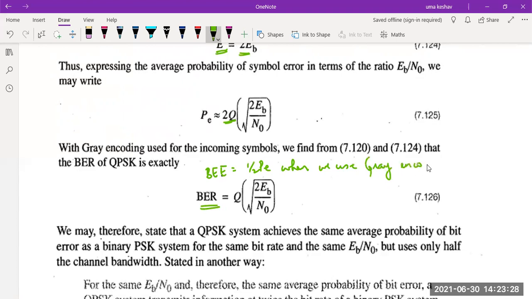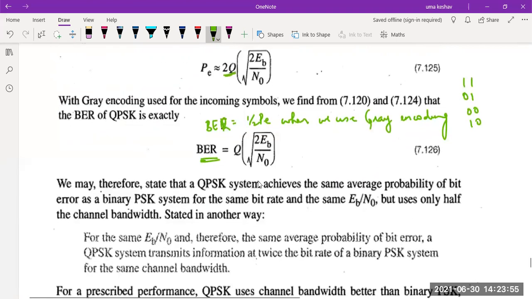Remember, this is not true for other methods of encoding. Whenever we make use of gray encoding, that is with a single bit change from one dibit pair to the other, we have 11, 01, 00 and 10. These were our messages. Then this BER becomes what? Half of PE. So I'll have this as just Q of root 2EB by N naught.